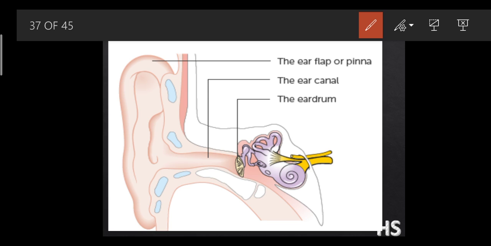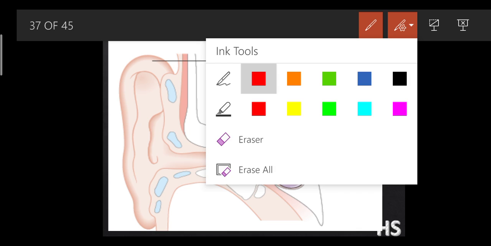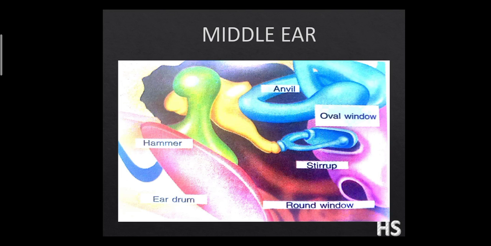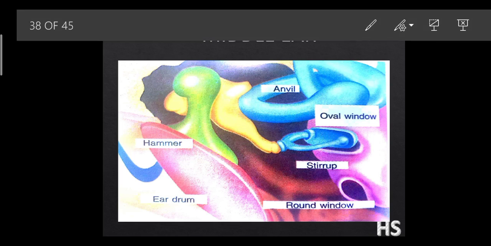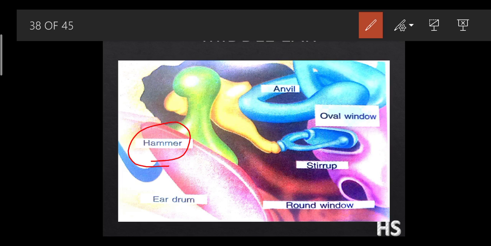Now we shall discuss these parts. The middle ear consists of three small bones. This is the hammer, then the anvil, and this is the stirrup.